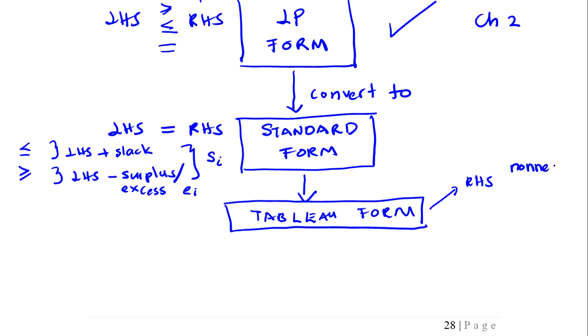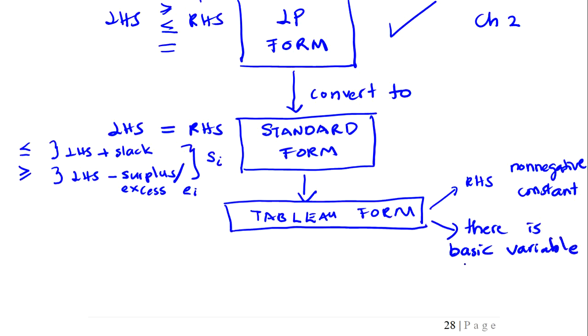The second one is there is a BV, or basic variable, for each constraint.